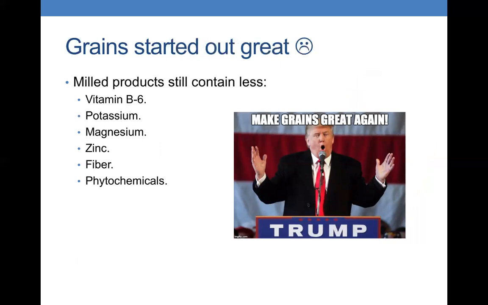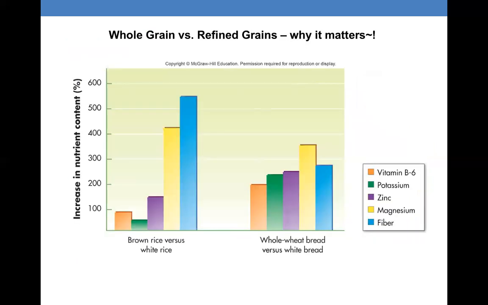So when we process grains, even though we enrich them with those vitamins and iron that I just mentioned, they are still a lot lower in some very helpful nutrients, such as B6, potassium, magnesium, zinc, fiber, and phytochemicals. And so this is why it is much more beneficial to be consuming whole grains versus refined grains.